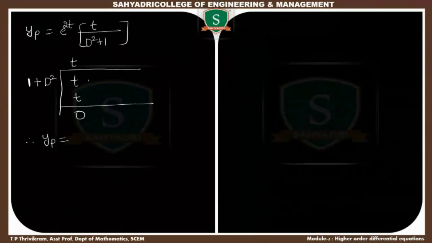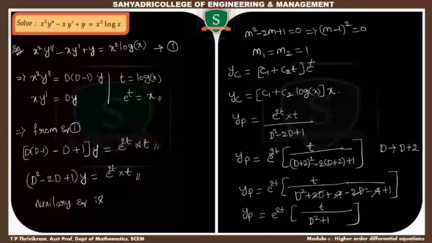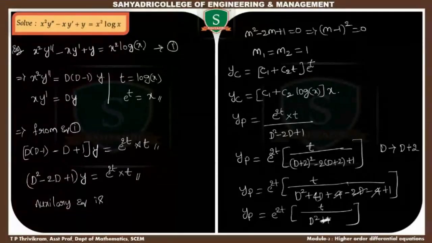So what will be the answer? There D square plus 2D plus 1. Okay, I think it is 4D. Yes, sir. Yes, this is 2ab, that means 4D, plus 2D plus 1.